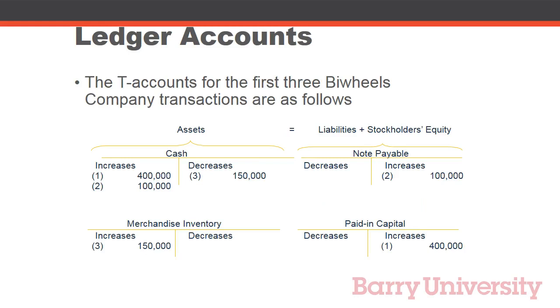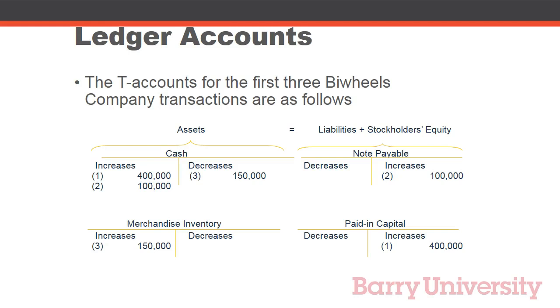The first step in recording accounting information into the accounting system is called the journal. We list journal transactions as they occur in chronological order. You may recall from Section 1 that we had 3 transactions.